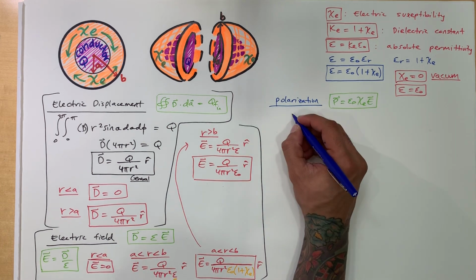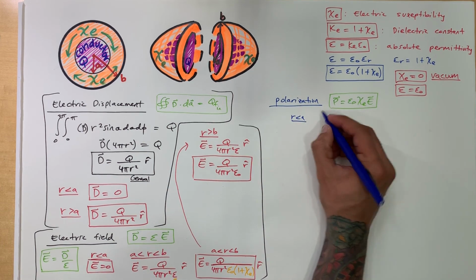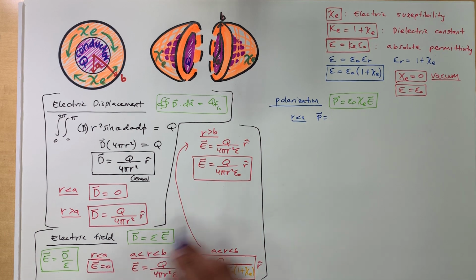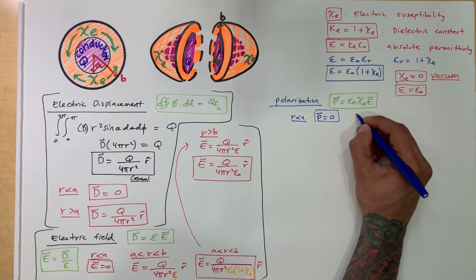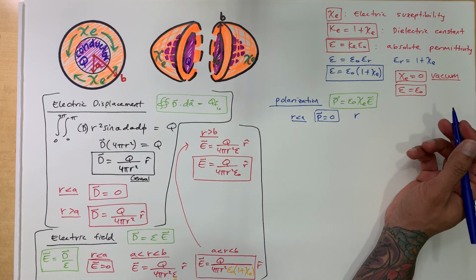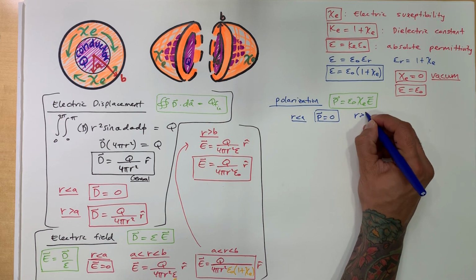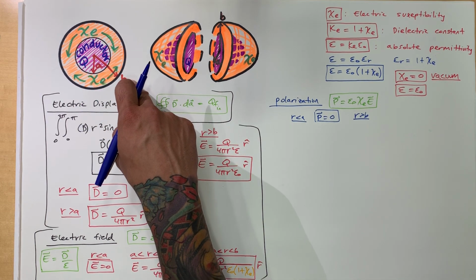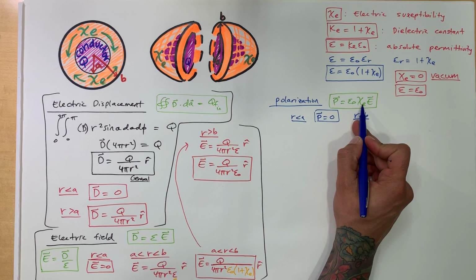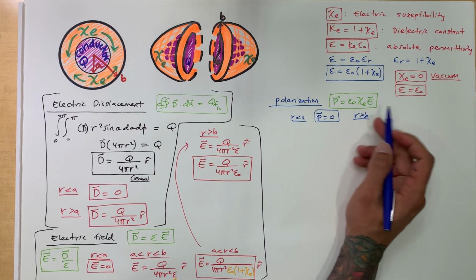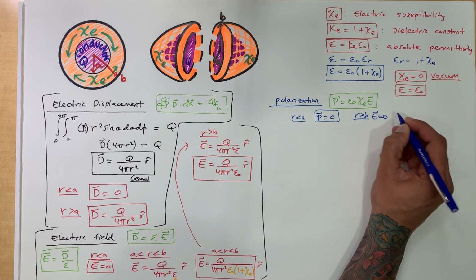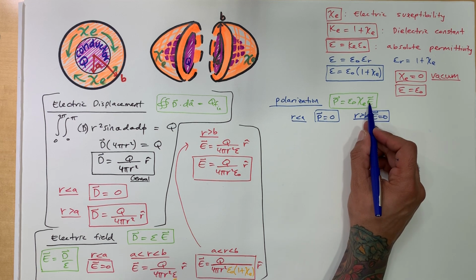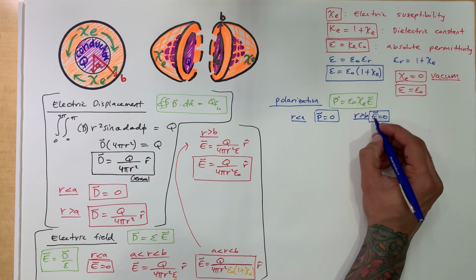We got, for R less than A, polarization is equal to 0, because the electric field is 0. Okay, let's jump ahead to R greater than B. So we did the inside, now let's do the absolute outside, right? Because clearly we can see that in a vacuum, chi is equal to 0. So if chi is equal to 0, all this is equal to 0.